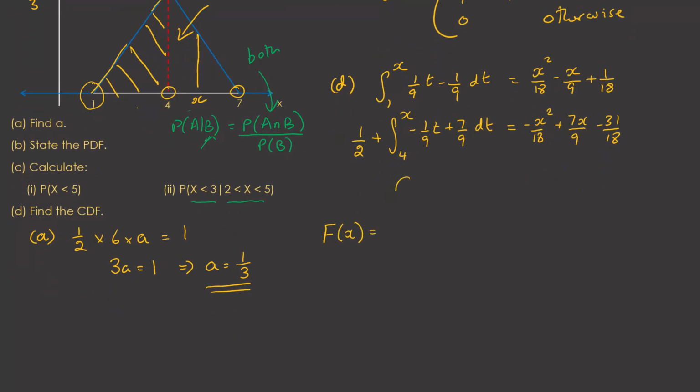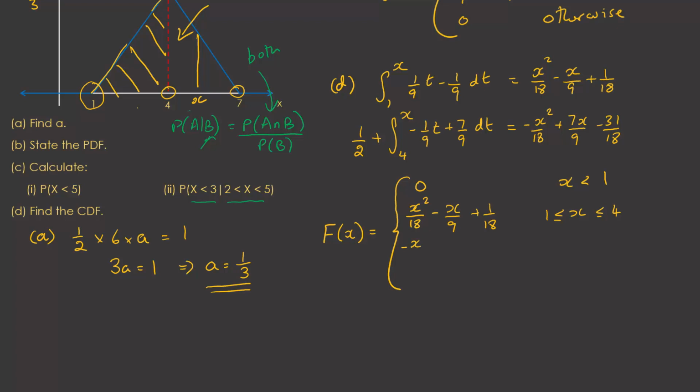So F of x is going to be 0 when x is less than 1. Then it's going to be x² over 18, take away x over 9 plus 1 over 18 for x between 1 and 4.